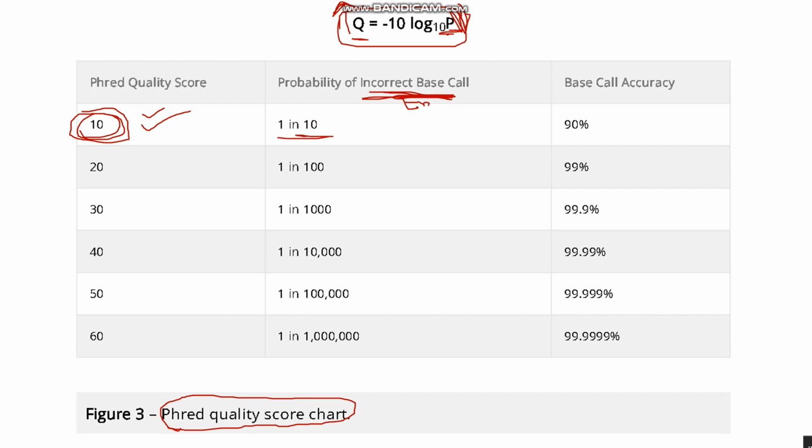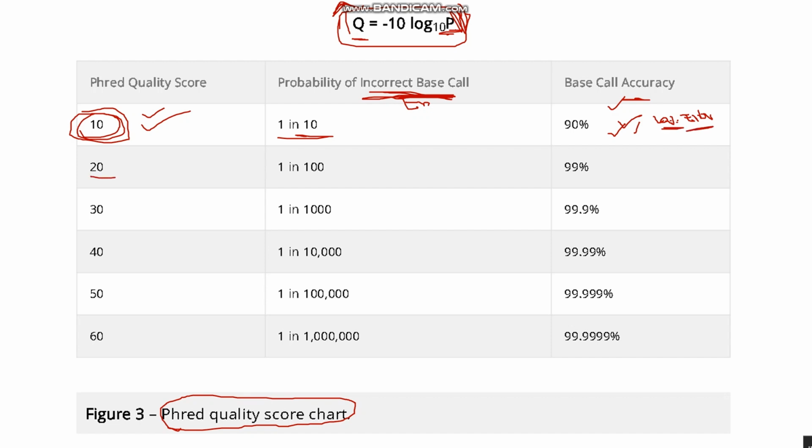So 1 in 10 means the base call accuracy is 90%. It means there is a 10% probability of error.